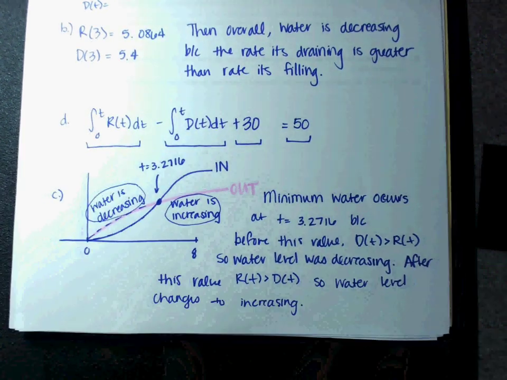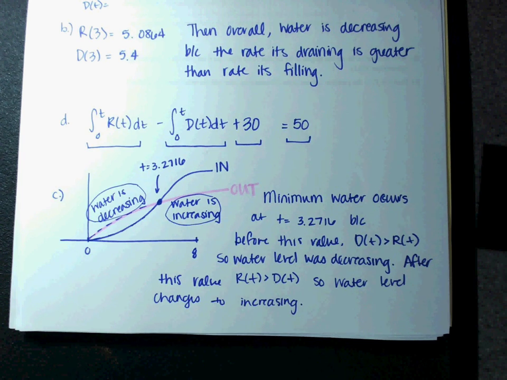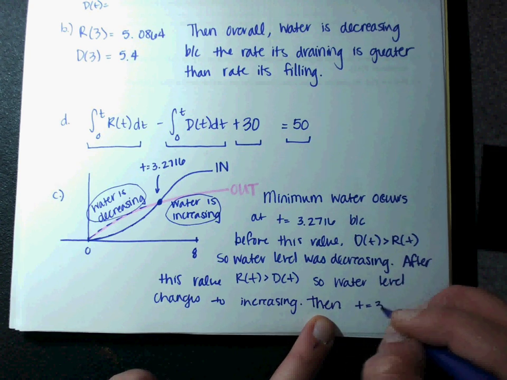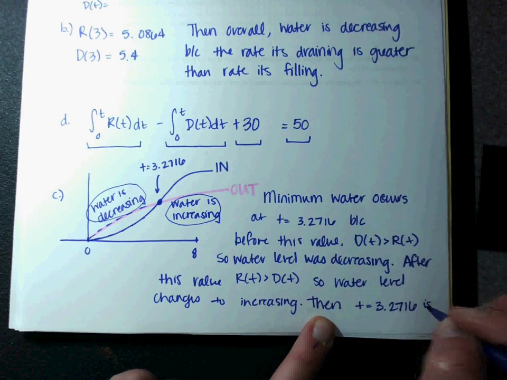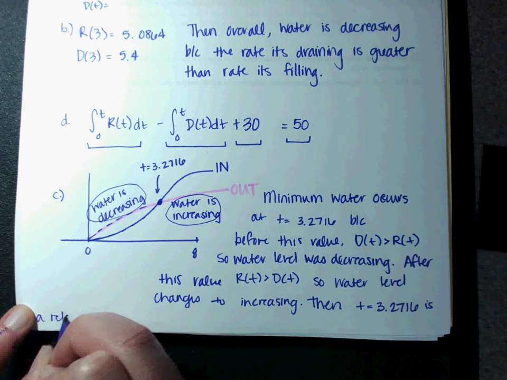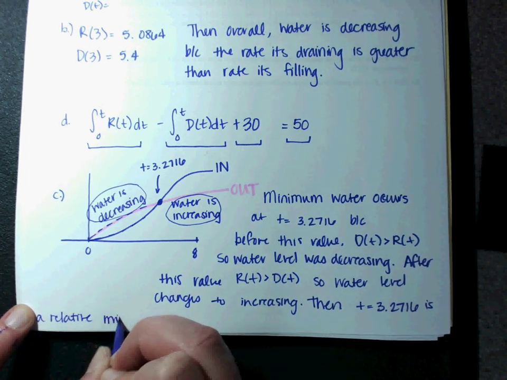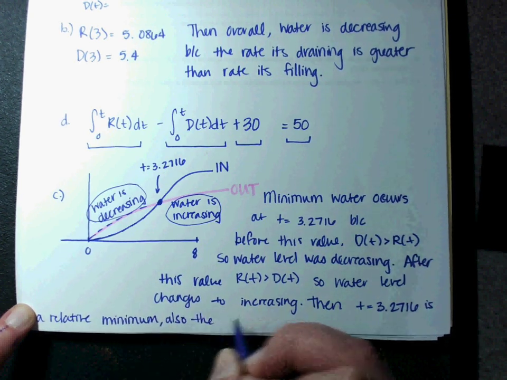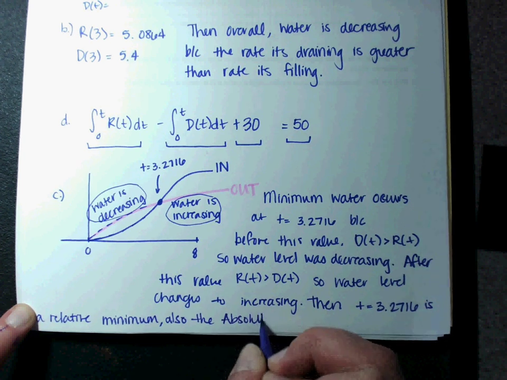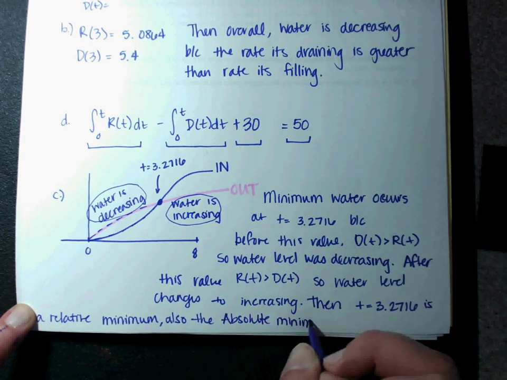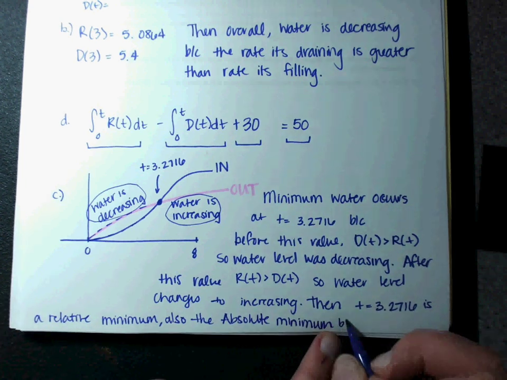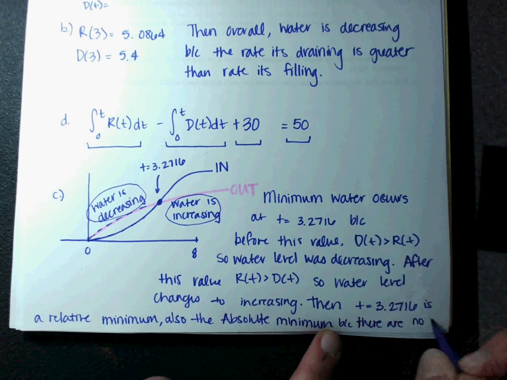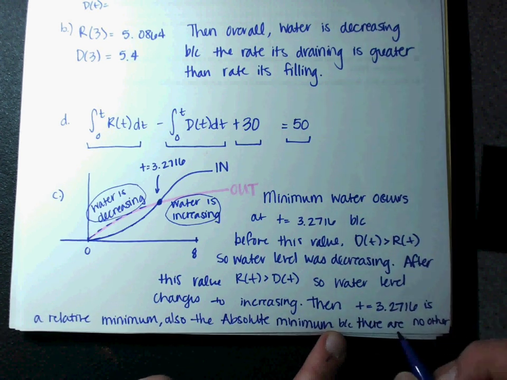Remember that whenever something changes from decreasing to increasing, that makes it a relative minimum. Then t equals 3.2716 is a relative minimum, and also the absolute minimum, because there are no other critical numbers.